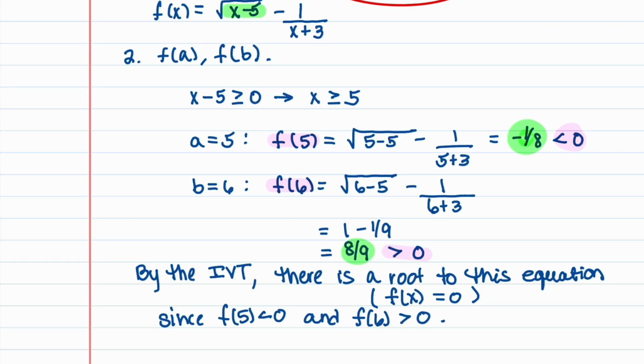The intermediate value theorem tells us that our function is going to take on all the values between f(5) and f(6), which means it's going to take on the value of 0, which is a root to our equation. And that's it.